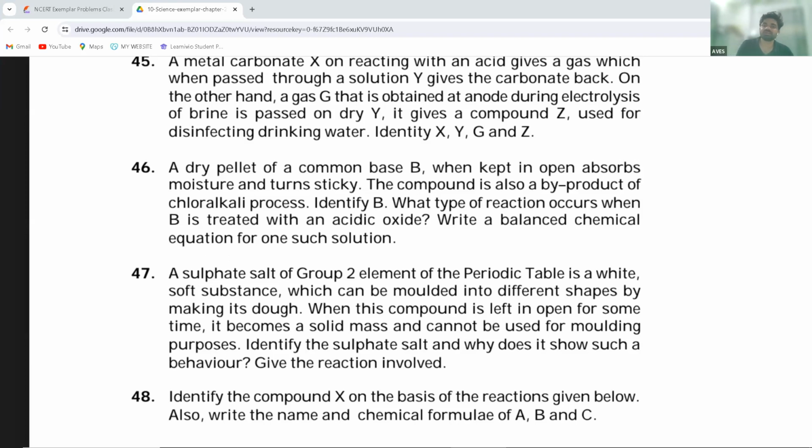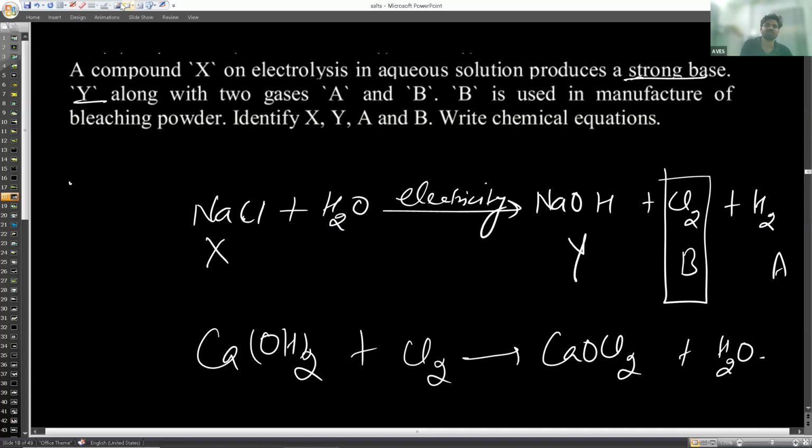Write a balanced chemical reaction when B is treated with an acidic oxide.